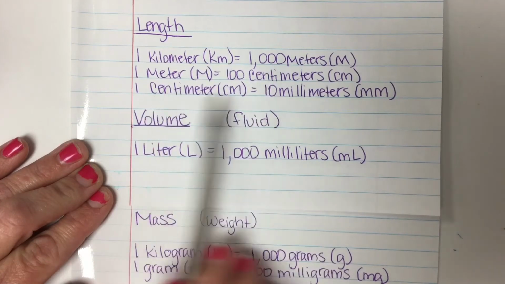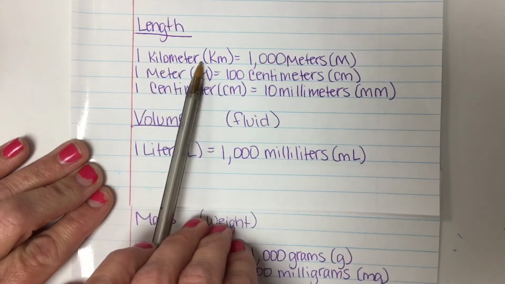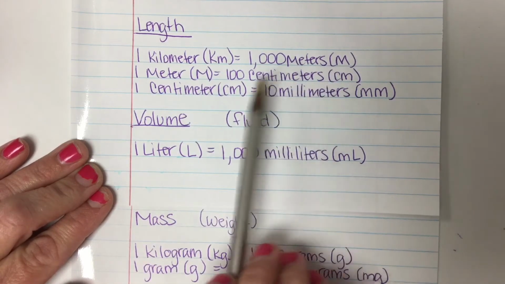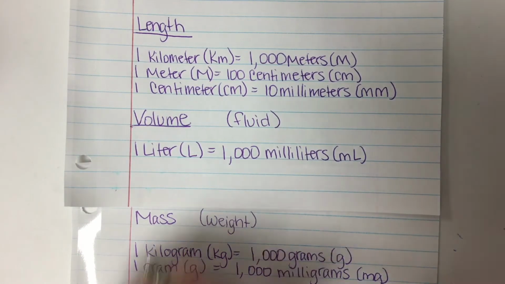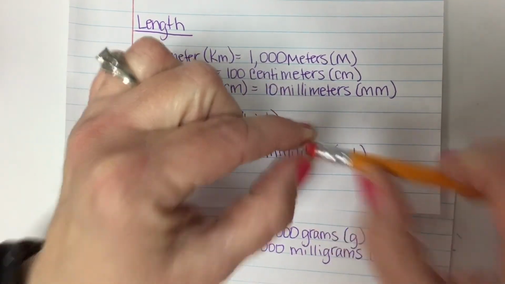So a kilometer would be compared to a mile. Meters is compared to a yardstick. Centimeters is, let me show you. Centimeters is about the length of the silver part of this pencil. That is about a centimeter, okay?